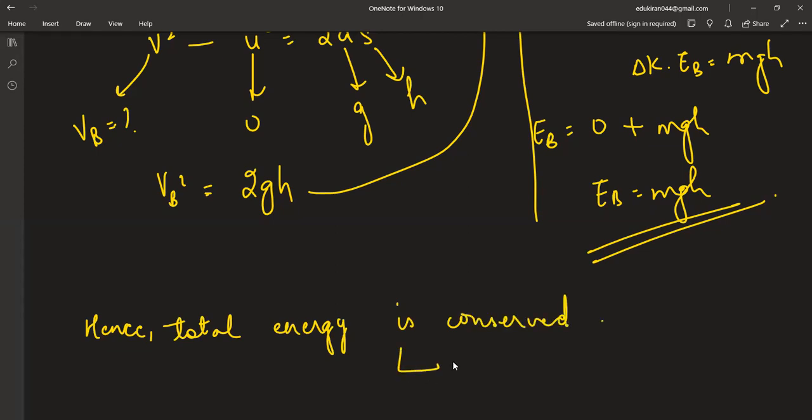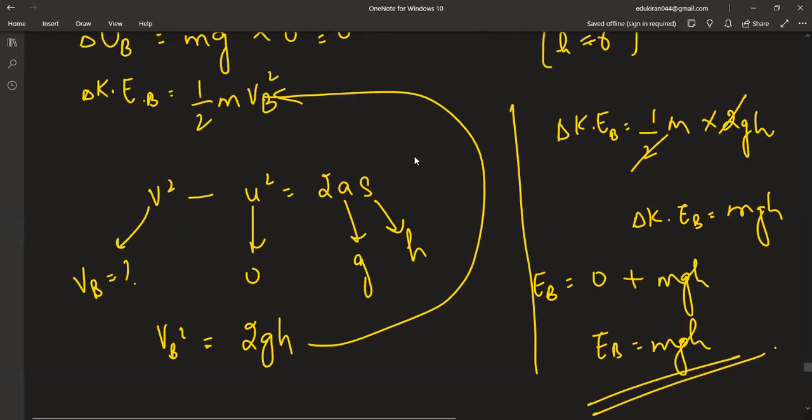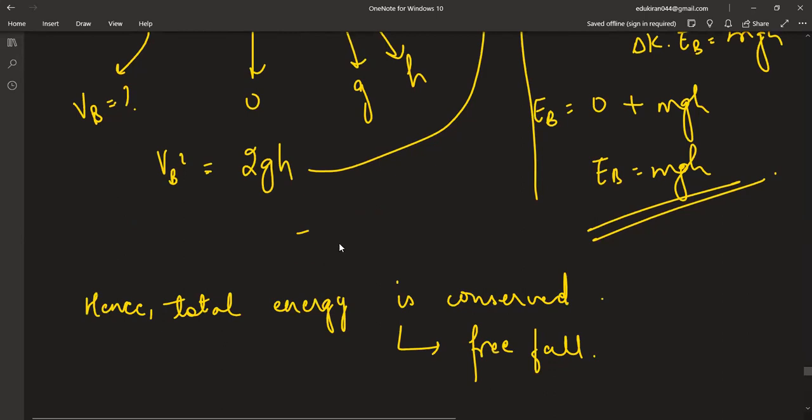For which case? This is for free fall. Why is this for free fall? Because all the parameters here we have assumed are because of free fall. And why could we conclude that both are equal? Because the energy at A point came ultimately equal to the energy at B point. This was our task to do. Fine, note it down. Then we'll start with power.